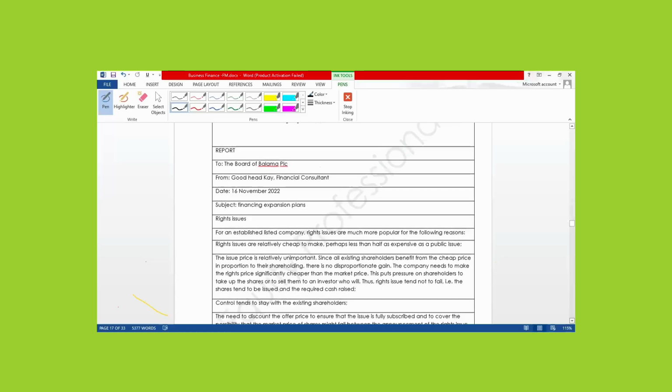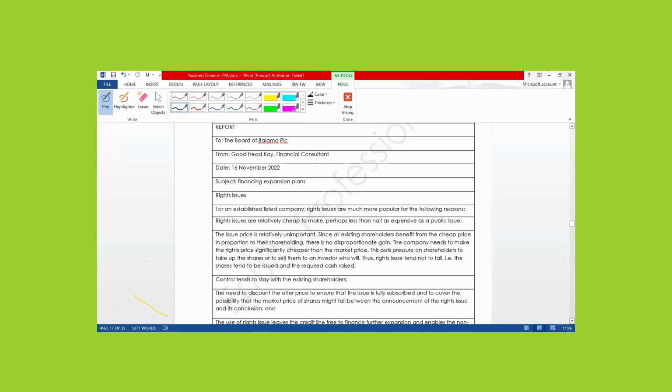With rights issue, control and ownership is preserved. Control tends to stay with the existing shareholders. So there is no dilution in ownership and control.